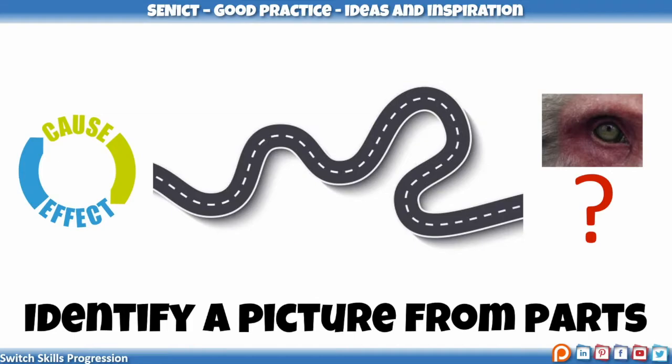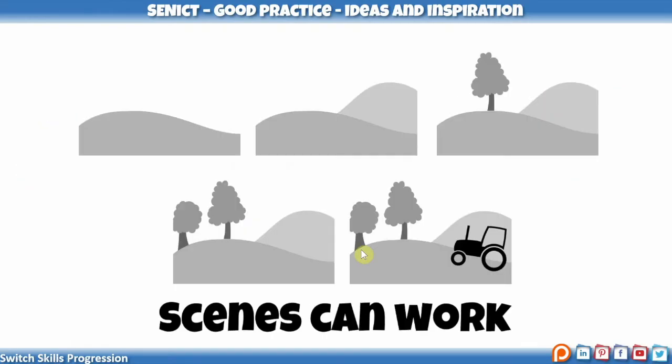Well, some companies and some activities use scenes rather than parts of an individual image. With each press, a scene is built up. In the example on the screen, each press builds up a farm scene, a field, a hill, a tree, another tree, a tractor, and then a reward.